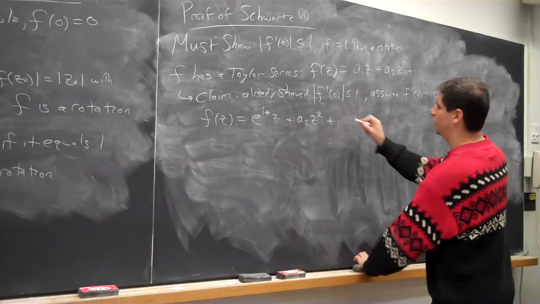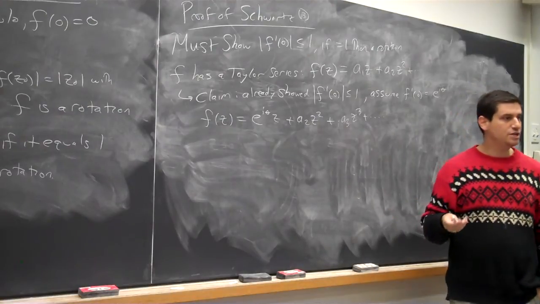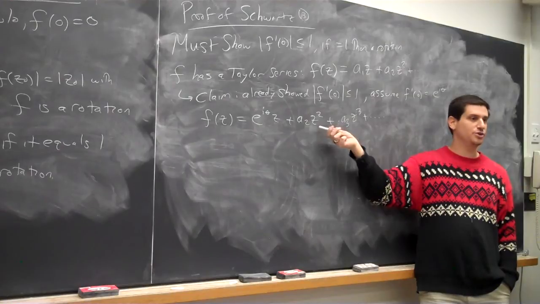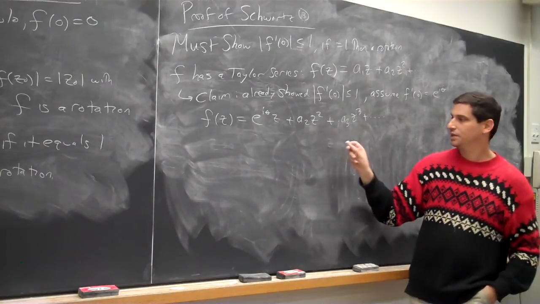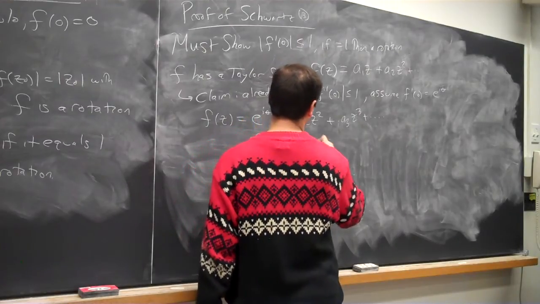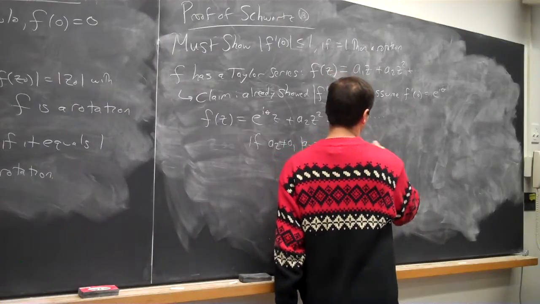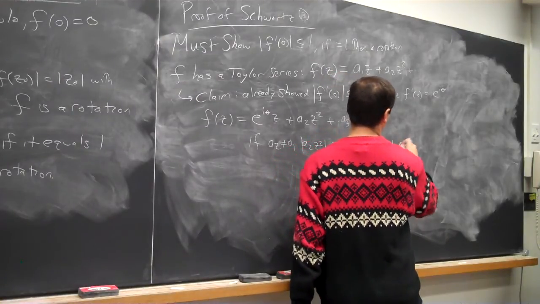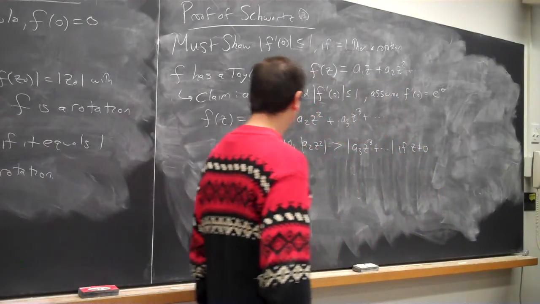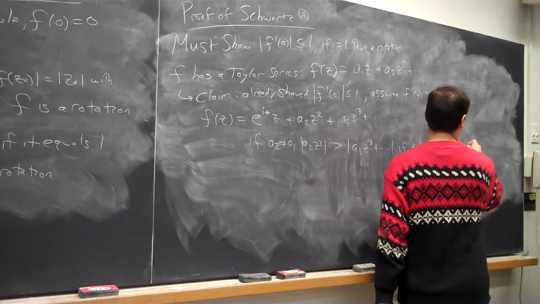If you look at what's going on, with a3 z cubed plus dot dot dot, if z is really small, the magnitude of this piece beats the magnitude of that piece if a2 is not 0. So if a2 is not 0, a2 z squared is greater than a3 z cubed plus dot dot dot if z is not 0 and z is small.